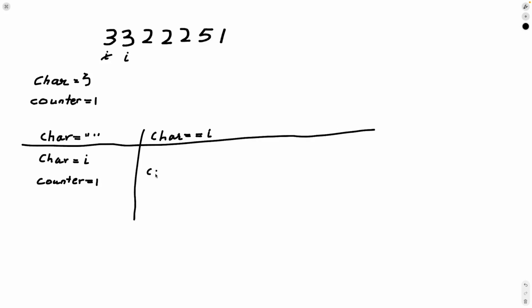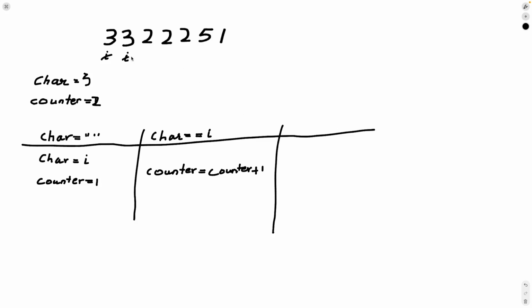I just need to update my counter by 1. Now what's going to happen? My character is equal to 3. It's the same as the 3 over here. So my counter is going to turn into 2 now. Instead of 1, I'm going to add 1.